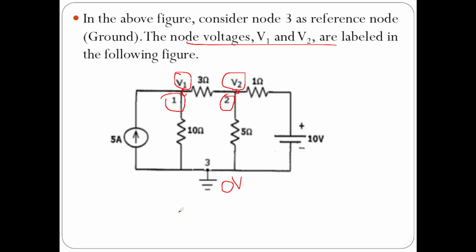At node 1 I have assumed one current entering and the other two leaving, whereas at node 2 I have assumed all the currents are leaving the node. So now let us apply Kirchhoff's current law.